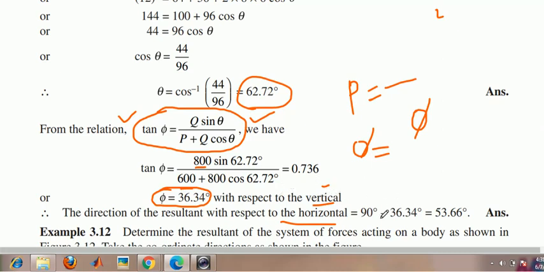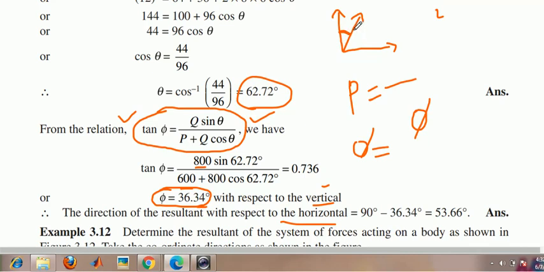So if you want it with respect to horizontal, then whatever value you have calculated here, that 36.34 is with respect to the y axis.